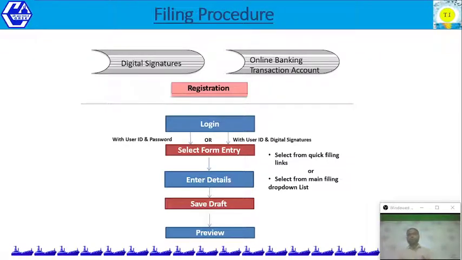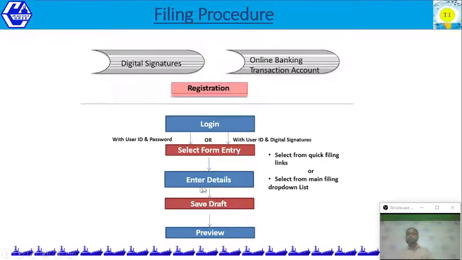Once your digital signature and online banking transaction account are ready, you can log in with either user ID and password, or user ID with digital signature. Once you are logged into the IPO address, you can select the applicable form, fill the form and enter all the details.